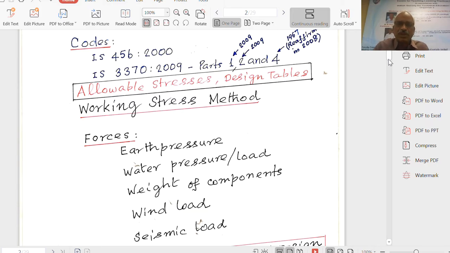When it is underground, there will be earth pressure from outside, which is given by Ka into gamma into H, as we have discussed in the case of retaining walls, where Ka is the coefficient of active earth pressure. That we will have to adopt.